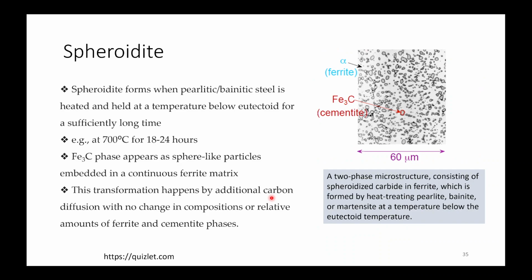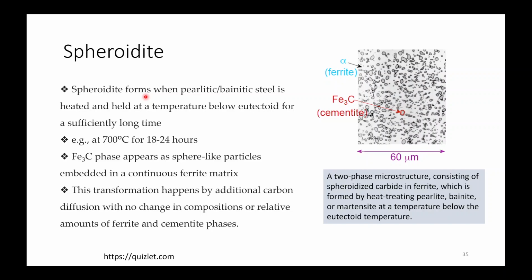The other structure is spheroidite. So in this case, when you heat your bainitic or pearlitic structure, spheroidite forms when pearlitic or bainitic steel is heated and held at a temperature below the eutectoid temperature for a sufficiently long time.